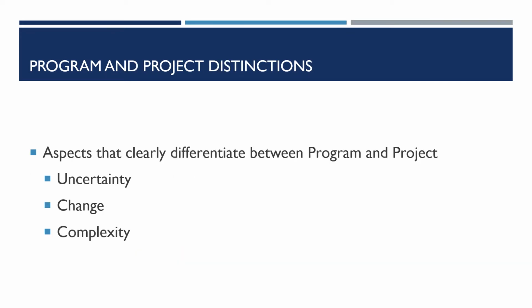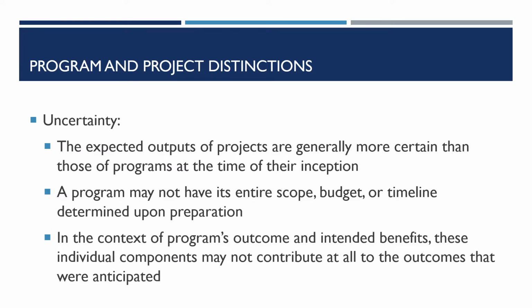There are mainly three aspects that clearly differentiate program and project: uncertainty, change, and complexity. Let's understand the distinctions in the aspect of uncertainty. The expected output of projects is generally more certain than that of programs at the time of their inception, right?